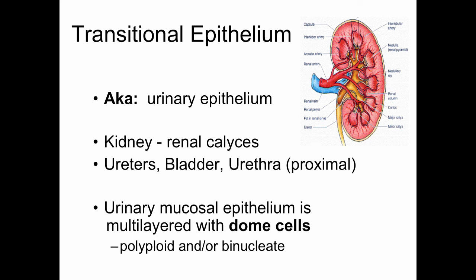And finally, we can talk about transitional epithelium. Transitional epithelium is also called urinary epithelium. The transitional epithelium lines the renal calyces. It lines the ureters, the bladder, which is not shown on the slide, and the proximal portion of the urethra, which is not shown on the slide. This urinary mucosal epithelium is multi-layered.